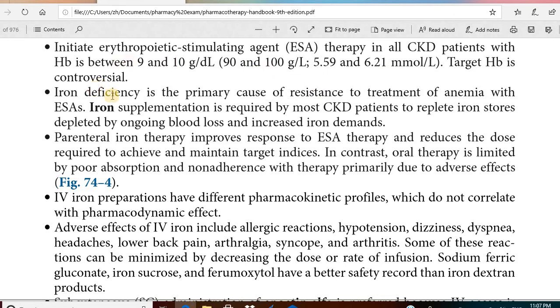Target Hb is controversial. So iron deficiency is the primary cause of resistance to treatment of anemia with ESA. Iron supplementation is required by most CKD patients to replete the iron stores depleted by ongoing blood loss and increased iron demand.